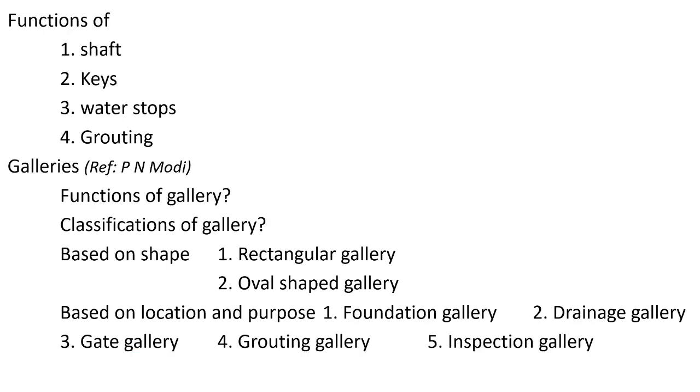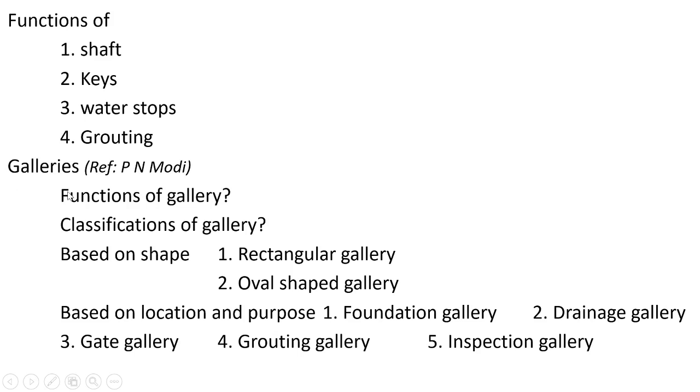Now we are going to the last portion of gravity dams. These are some typical components used in gravity dams: shaft, quay, water stops, grouting. These are the 4 terms mentioned in our syllabus.